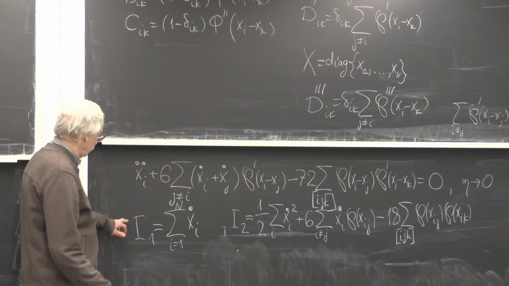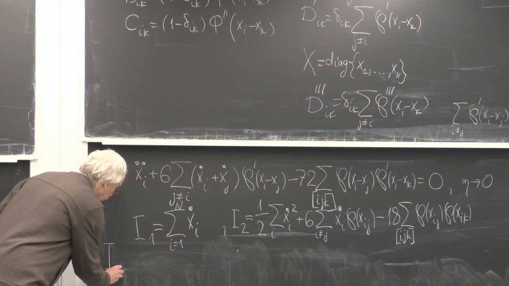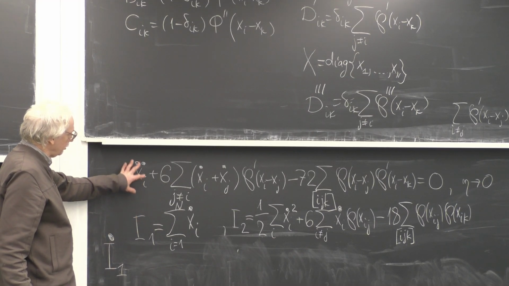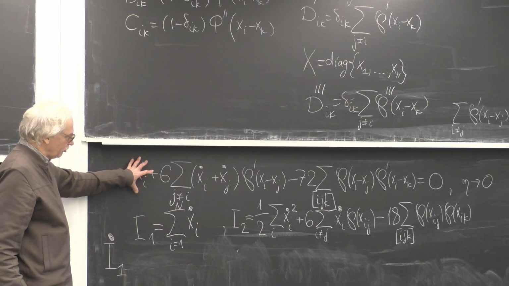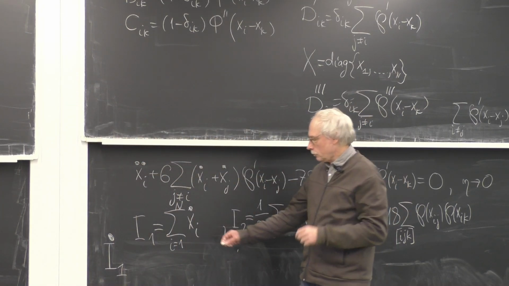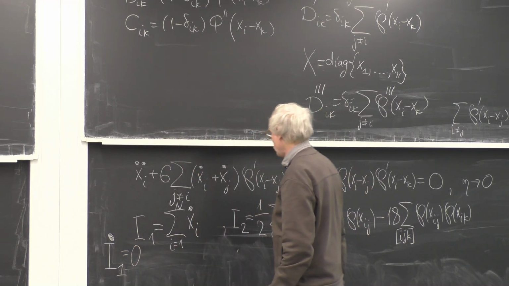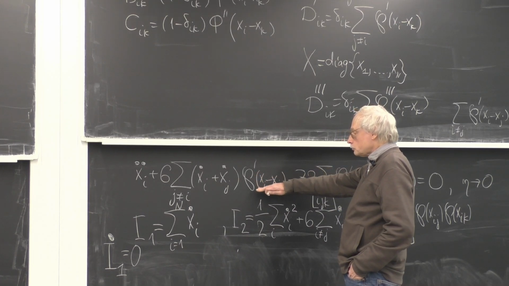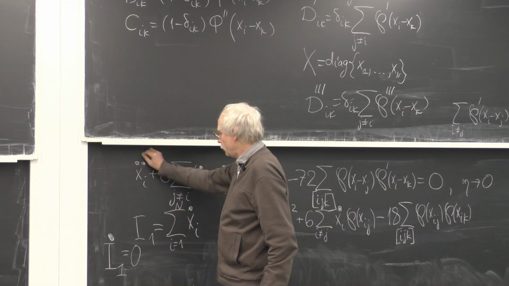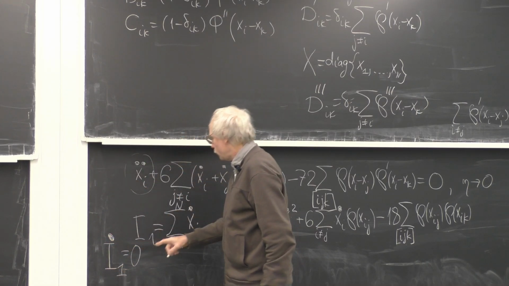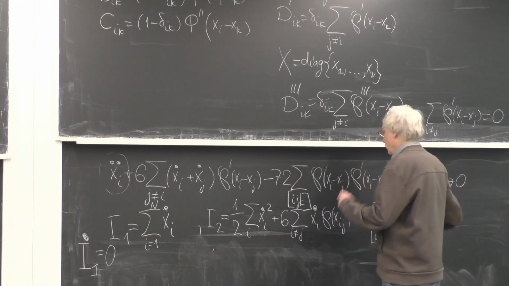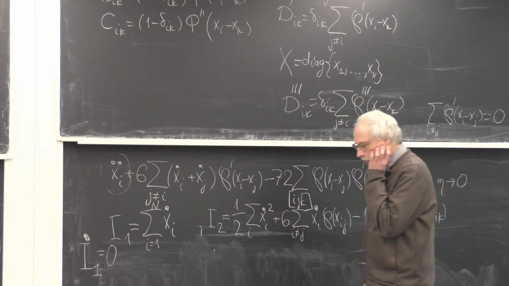So you can try to find the time derivative, and from these equations of motion, it is possible to show that this is zero. So you sum all these equations in i, then you get from this term this, and the problem is to prove that the sum of this combination in i is zero.